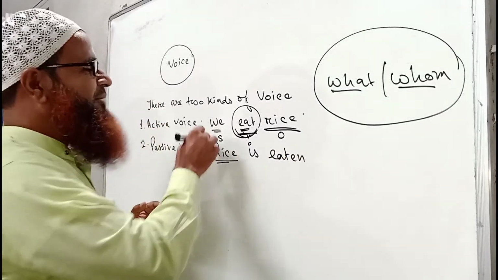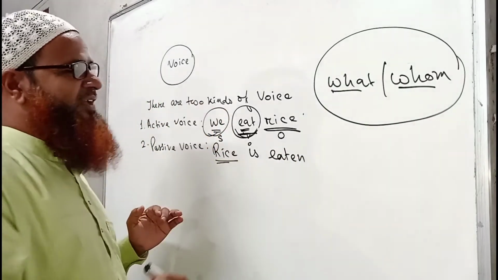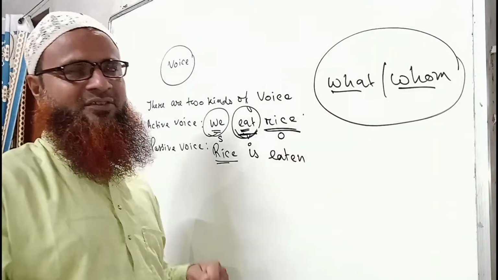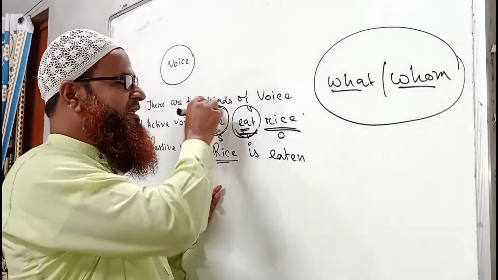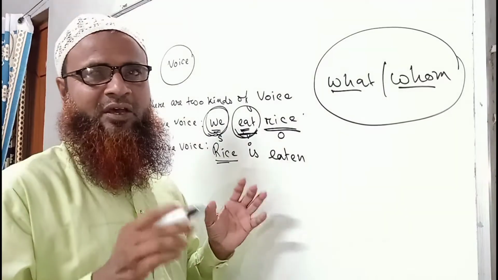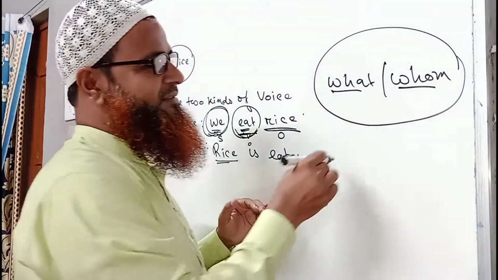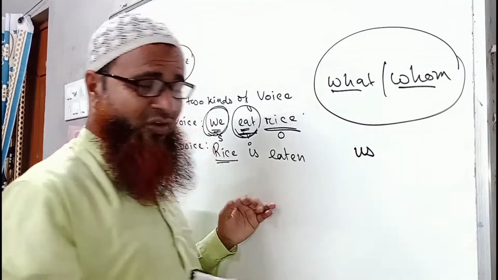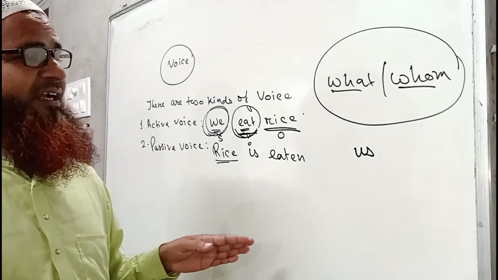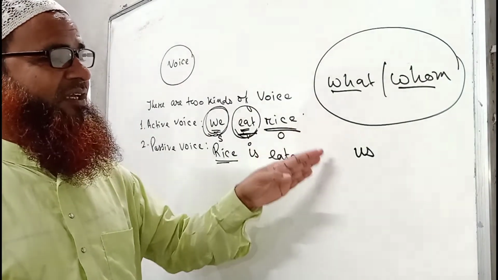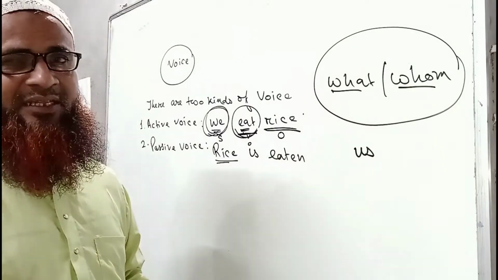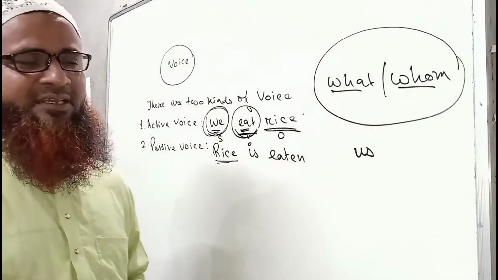Then we have to write this subject as an object. So if we use it as an object, the object form of we is us. But before that, I have kept a little space here. That means I have to write something here.